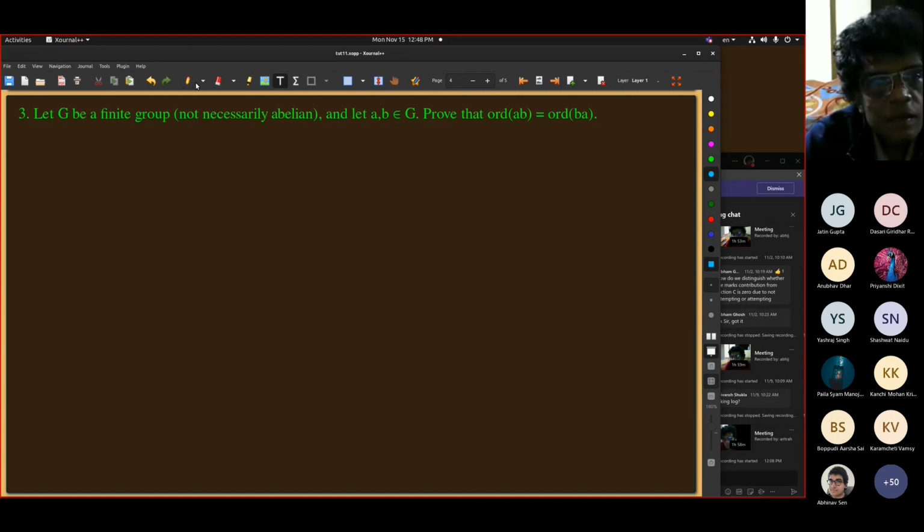The question is whether these two elements must be of the same order. Of course, if G is an abelian group, commutative group, then these two elements are the same, and therefore the order of AB is equal to the order of BA. Also, if A and B commute, even if G is non-commutative, then these two elements are equal, so definitely their order must be equal. But if they are not equal, must their order be equal? So this is the assertion that you need to prove.